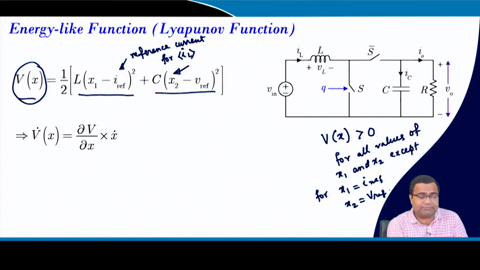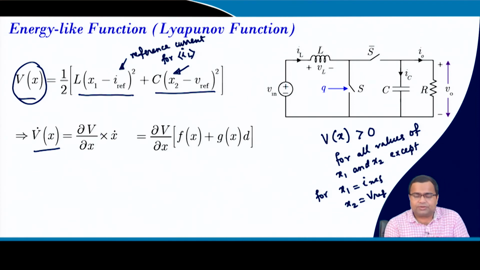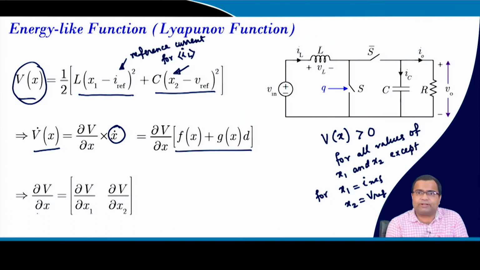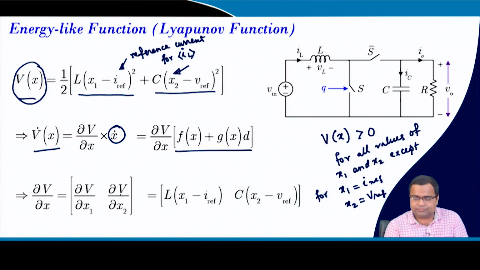So, if you take the differentiation of this, that means the rate of change of energy, we can write dou V dou x into x dot, and x dot is nothing but our f(x) plus g(x) into d, which we have discussed in the previous slide. Now, what is dou V dou x? It is dou V dou x1, dou V dou x2. What is my dou V dou x1?